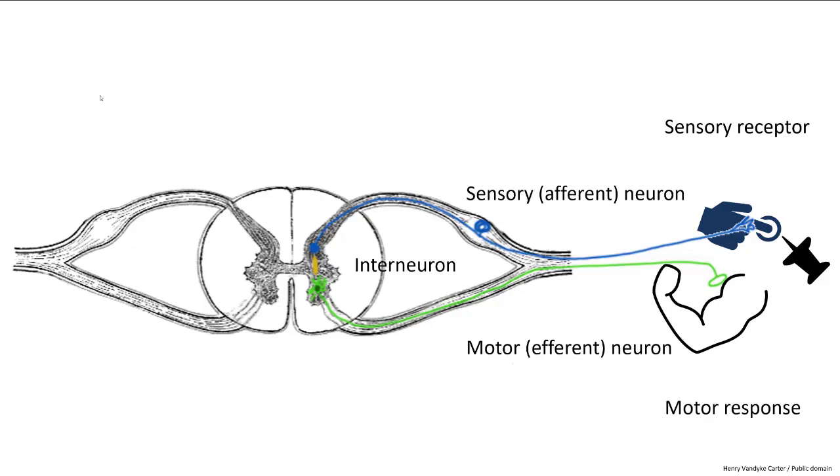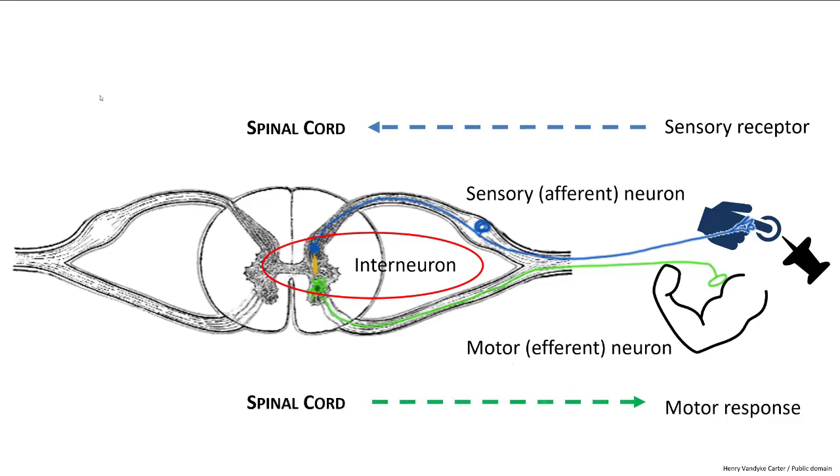We can see the sensory neuron in blue. Pricking a finger on a pin stimulates a pain receptor. That information goes to the spinal cord. In this case, to rapidly remove the finger from a pain source, an interneuron is needed, shown in yellow, to immediately activate the green motor neuron going out to the muscle to move the finger.